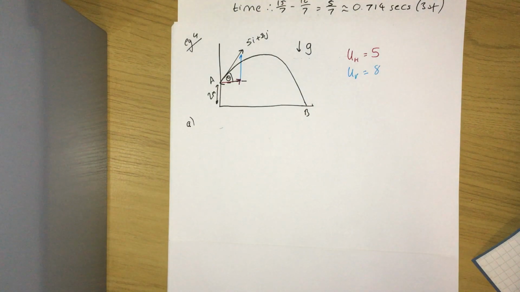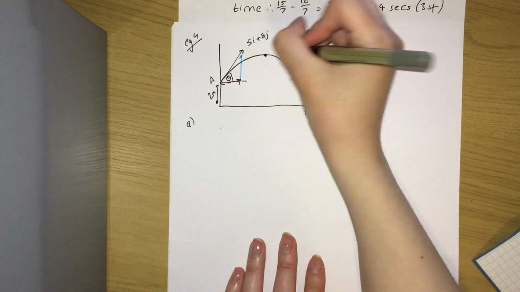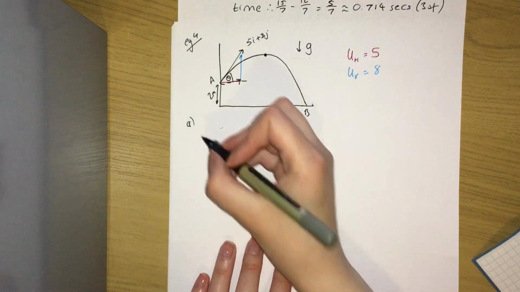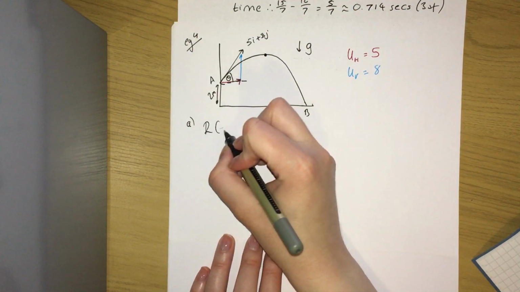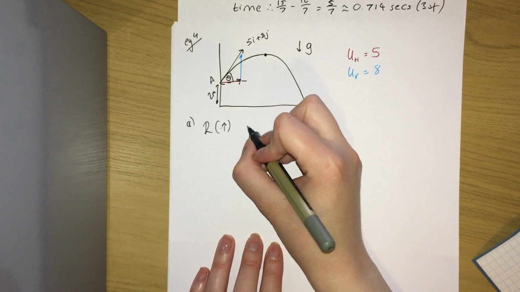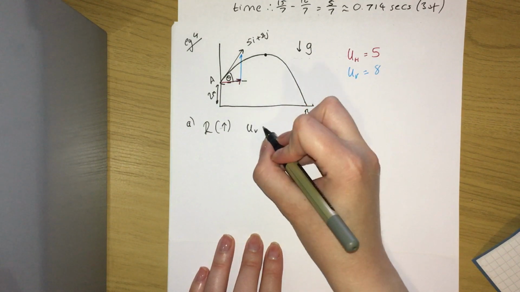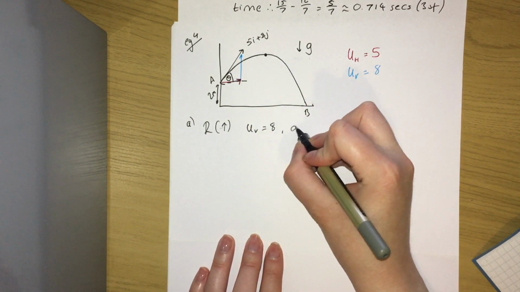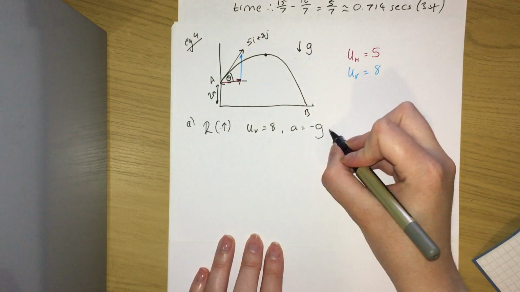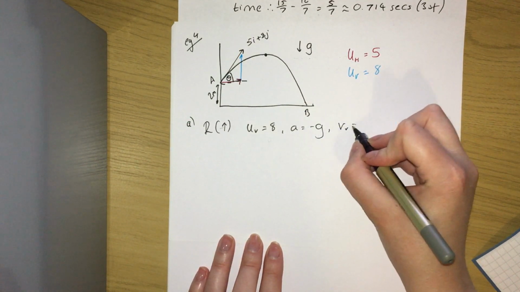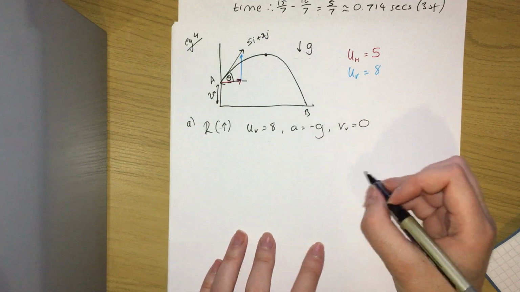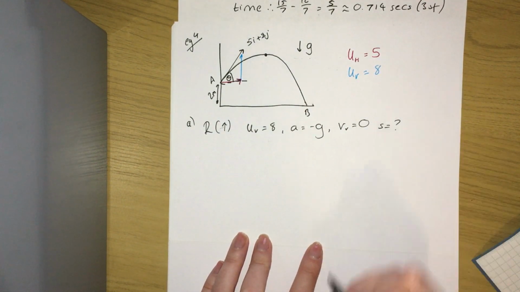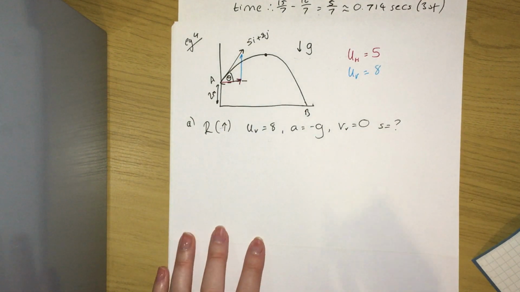So the greatest height, find the greatest height above the ground reached by the ball. So I'm talking about height, it's all vertical, so obviously I am resolving vertically. So initial vertical velocity is 8, acceleration due to gravity negative g. I know the final vertical velocity is 0, and I'm trying to work out displacement.